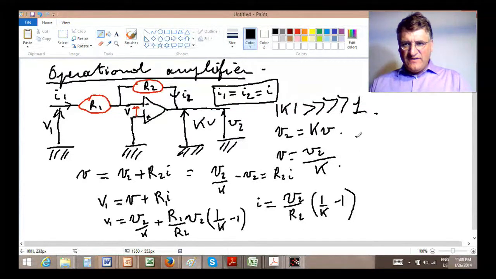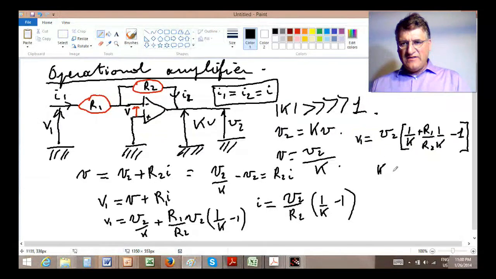Or we obtain that V1 is equal to V2 times 1 over K plus R1 over R2 times 1 over K minus 1.